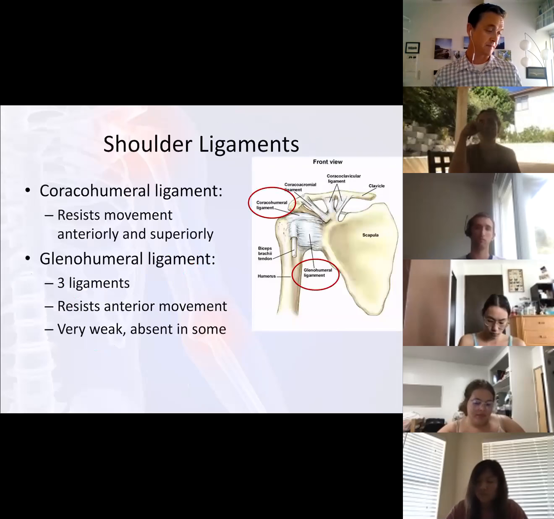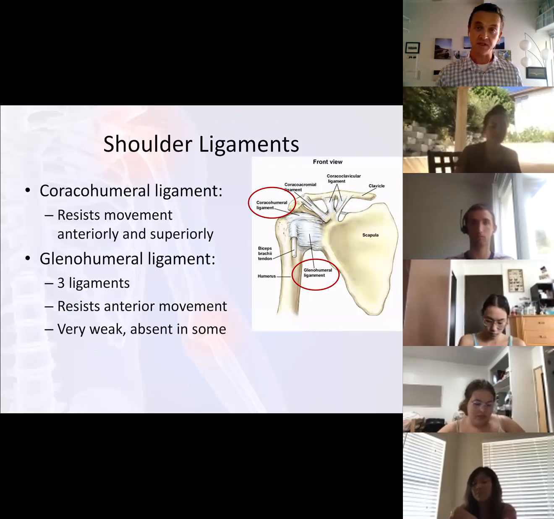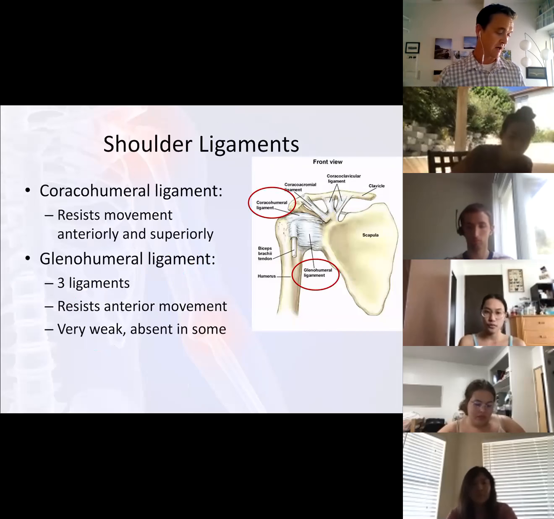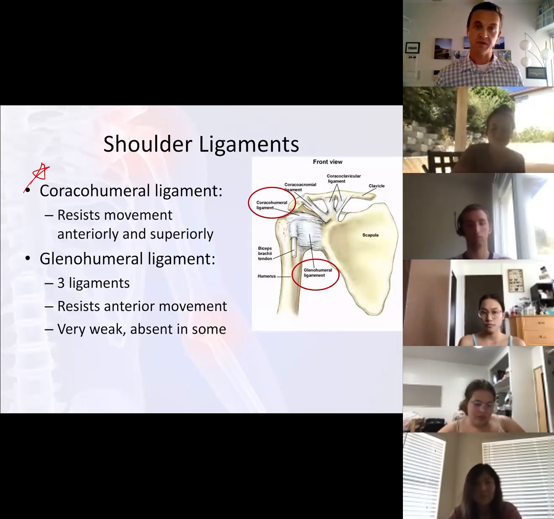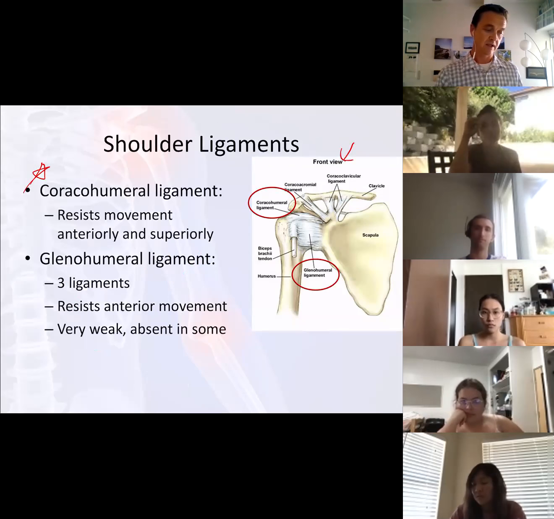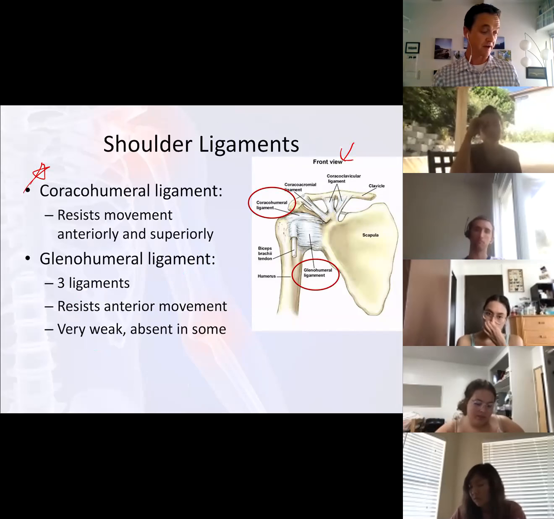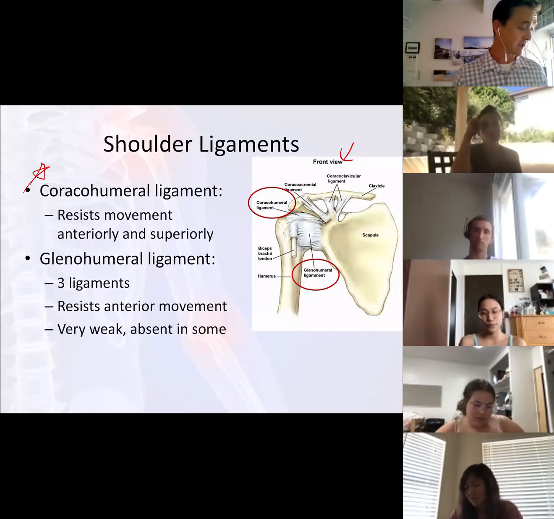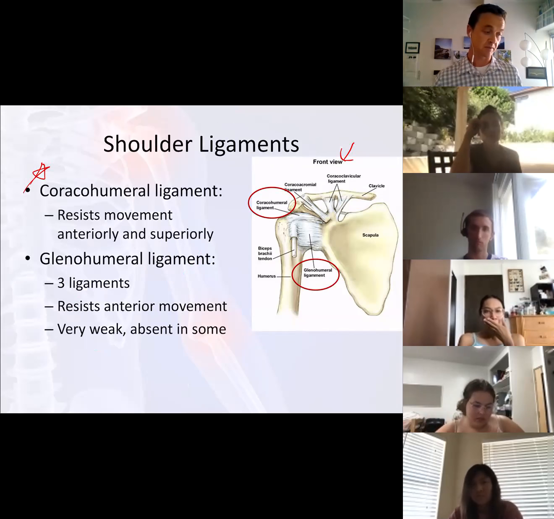So yeah, there are some shoulder ligaments that I want you to know the names of, okay? And so with each joint, the ligaments I have written over here on the slide would be the ones I want you to know, okay? Some of these images have more ligaments on them than what I have written on the slide, so you don't need to know every one on the images, but you need to know the stuff I have there in text, okay? So we have the coracohumeral ligament, okay?